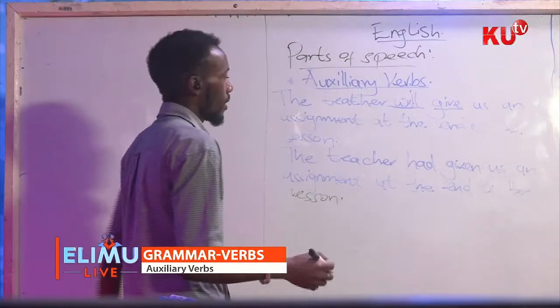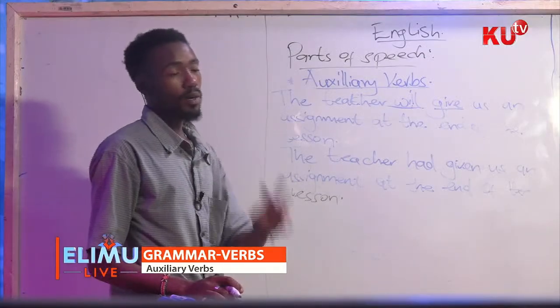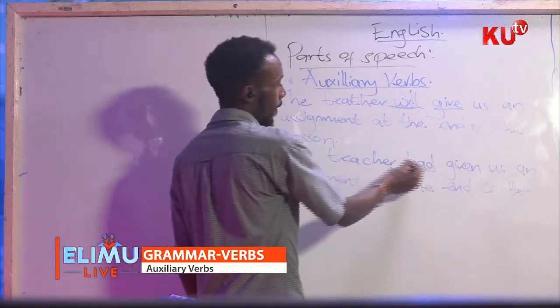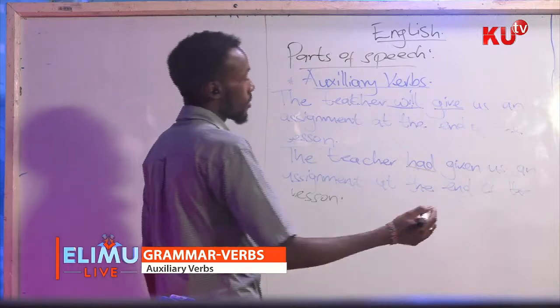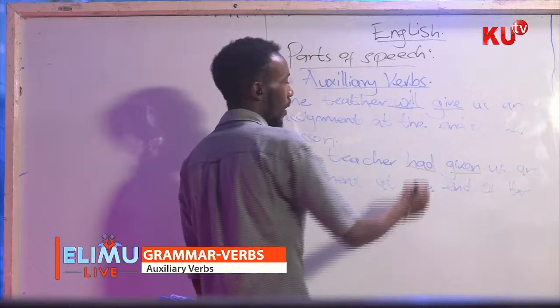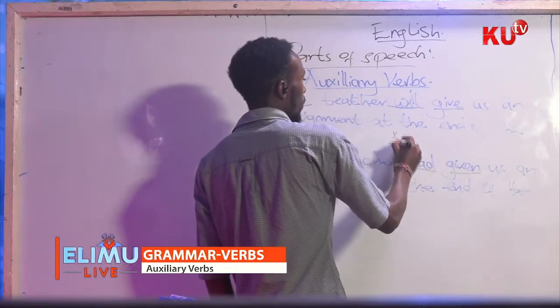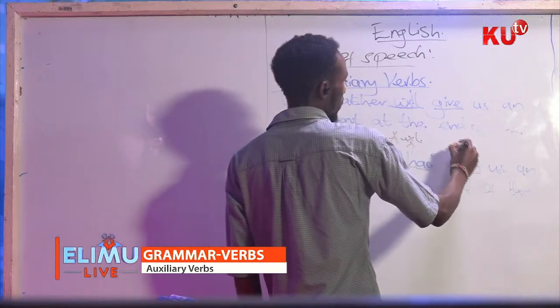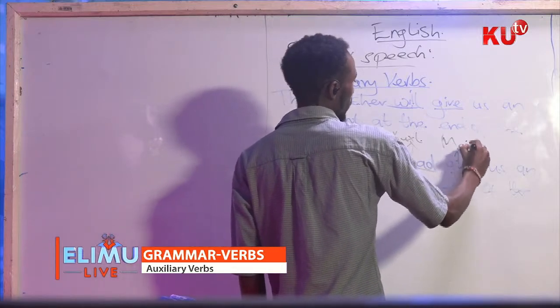You can see that we still have two verbs in this case. The first verb is had. Had is the auxiliary verb in this case. Given is the main verb. So this is the auxiliary, and this one is the main verb.